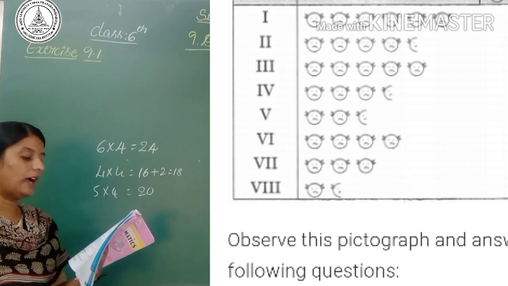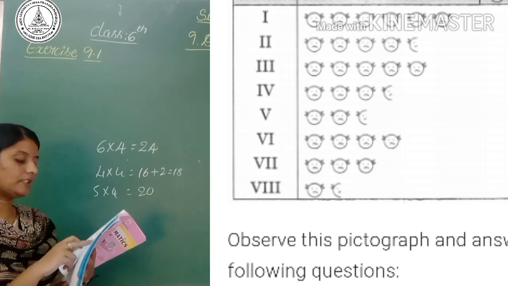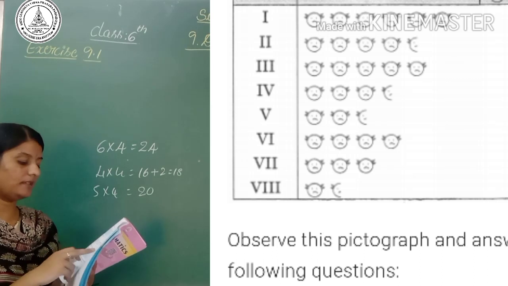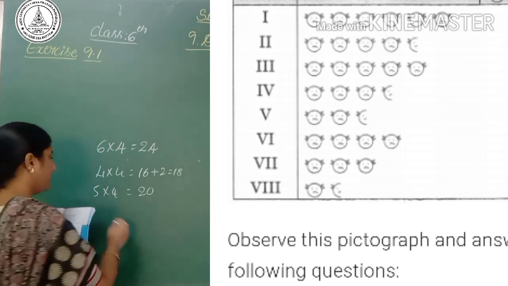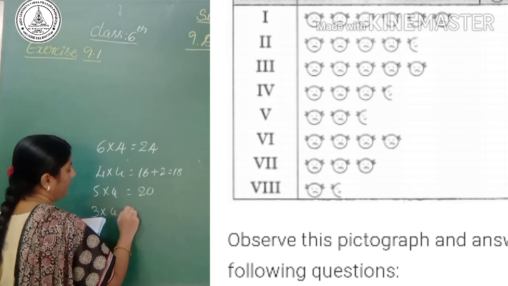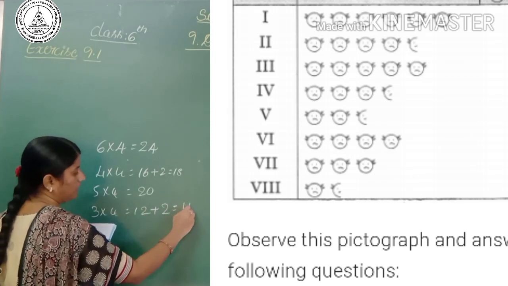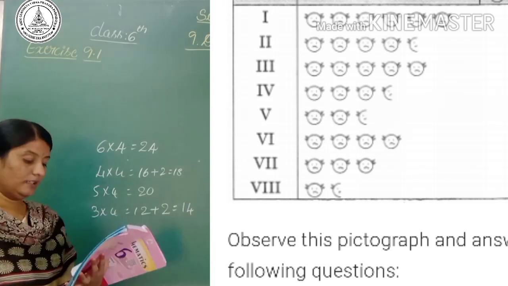In the fourth class, how many students are there? There are 3 full pictures and 1 half picture. That means 3 fours are 12, plus half means 2, totally 14 girls.